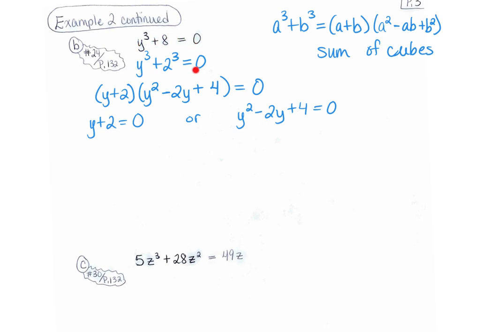This is line 2. You have y cubed plus 2 cubed. So 8 is the same thing as 2 times 2 times 2, which is 2 cubed. And then we used this formula to rewrite this equation here. Because 4 is the same thing as 2 squared.